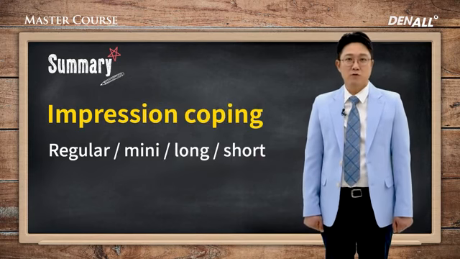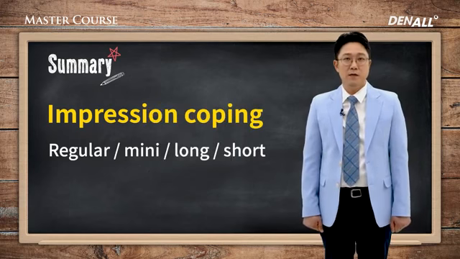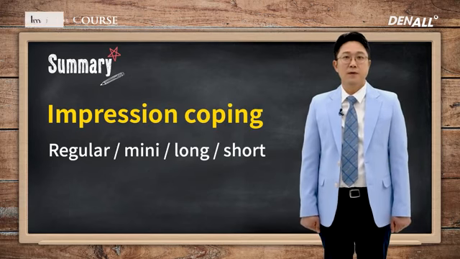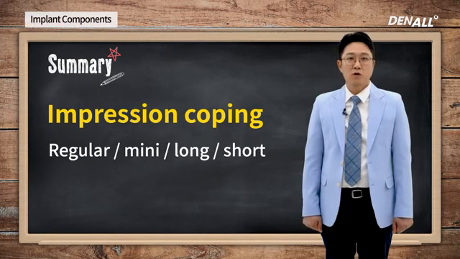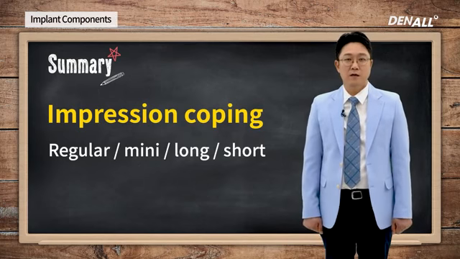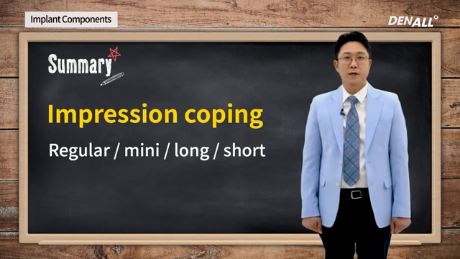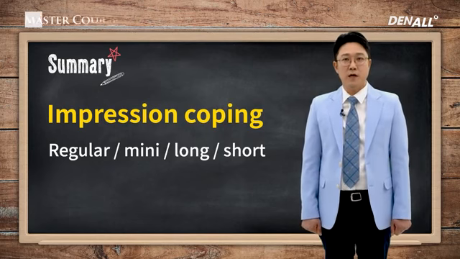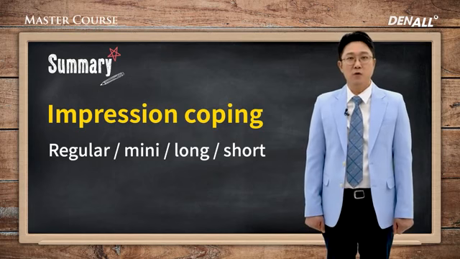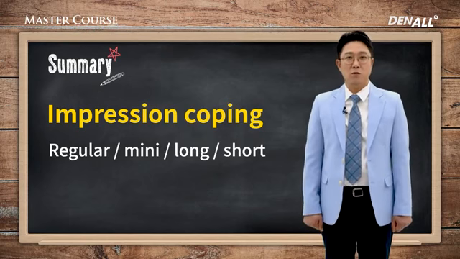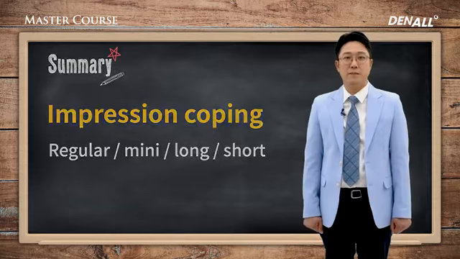Impression coping, which is essential in prosthesis fabrication, can be divided into regular, mini, long, and short. You need to use it well and differentiate them. If you choose wrongly, at times you may not be able to take impression. Please differentiate them and choose wisely.